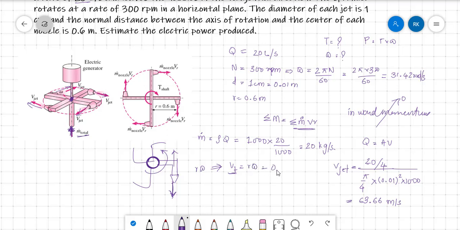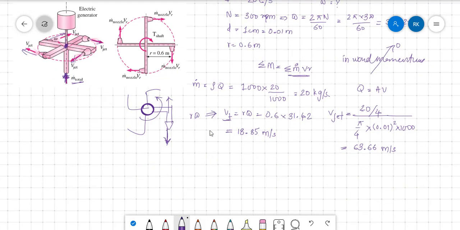So tangential velocity is equal to r omega. R is 0.6 meter and omega is 31.42 radian per second. So tangential velocity of the nozzle will be 18.85 meter per second. If you observe this, the velocity of the jet is in this direction, and due to the angular rotation, there is a tangential velocity in this way.